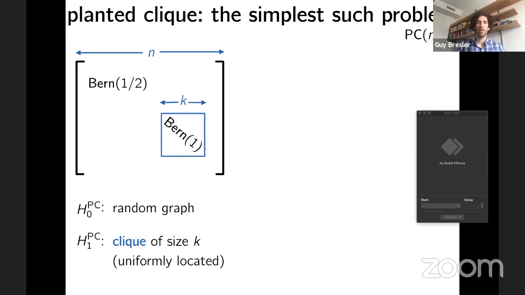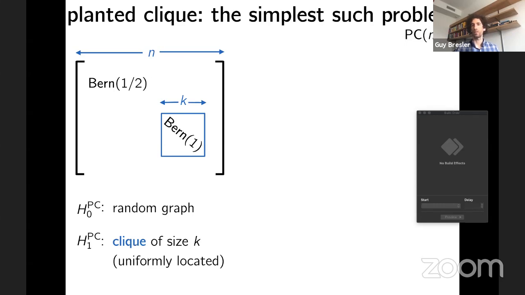And the alternative hypothesis is that there is a submatrix of all ones. It doesn't necessarily have to be contiguous like this. It's just that over some subset S of columns and rows, there are ones planted.